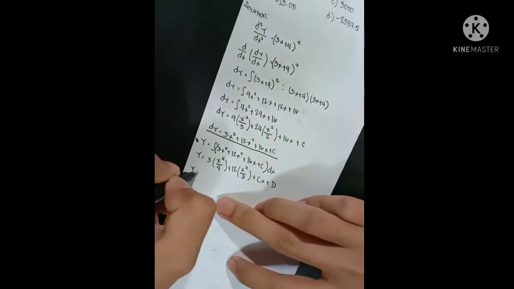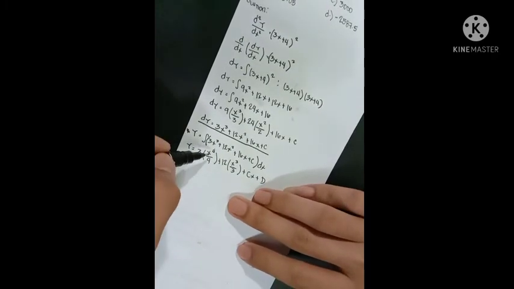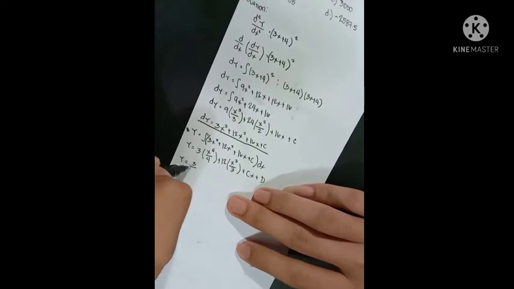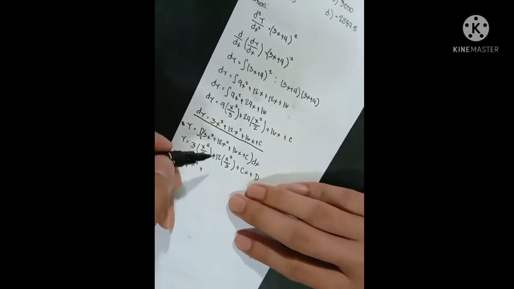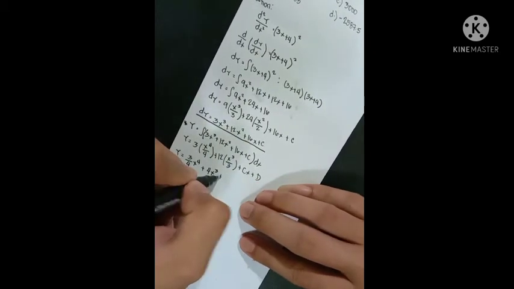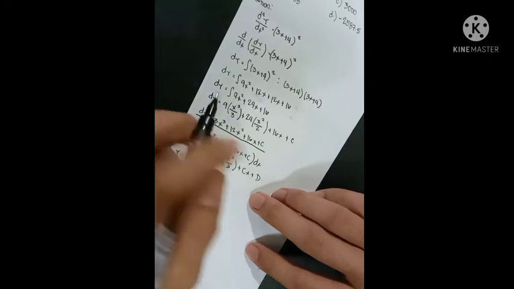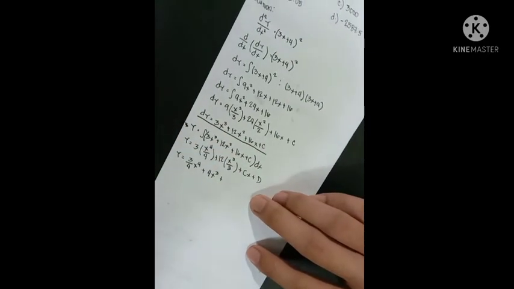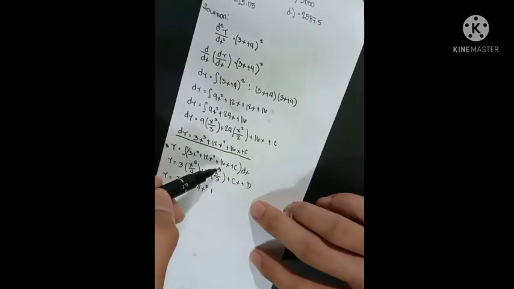So for the value of our y, 3 times x raised to 4 over 4, we have three-fourths x raised to 4, plus 12 divided by 3, we have 4x cubed. We forgot the integration for 16.